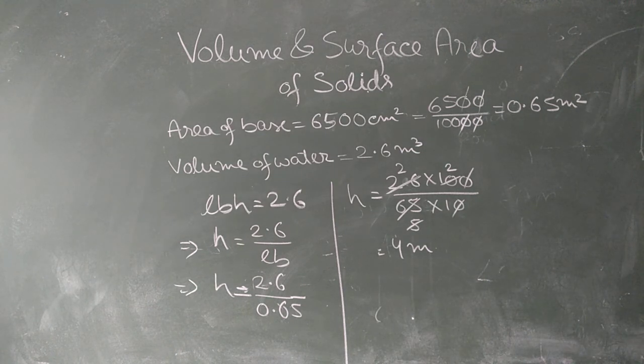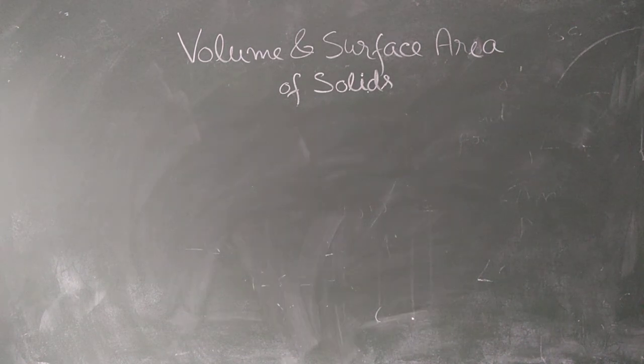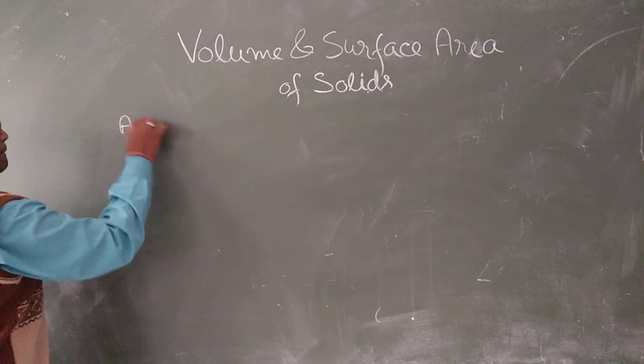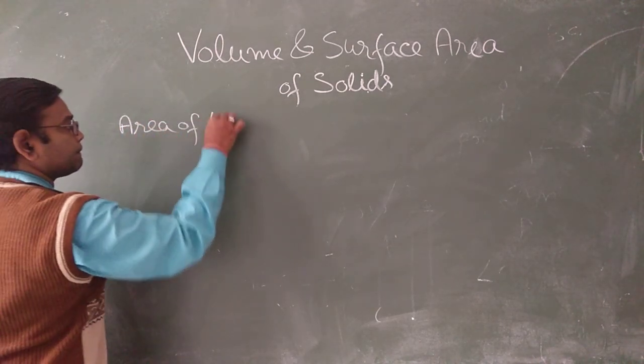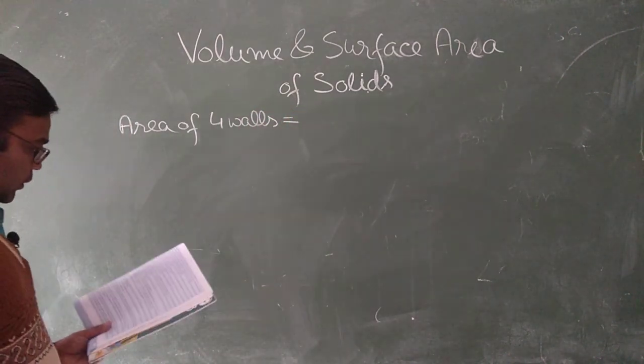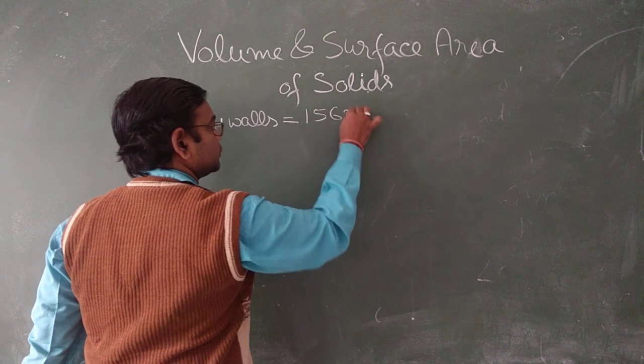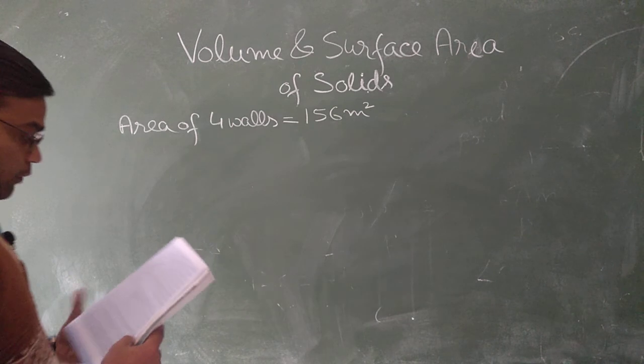When you solve, you have to solve the question like this. Move to the next question. In this question, it says that area of 4 walls of a room is 156 meters square. It is given to us, 156 meters square.